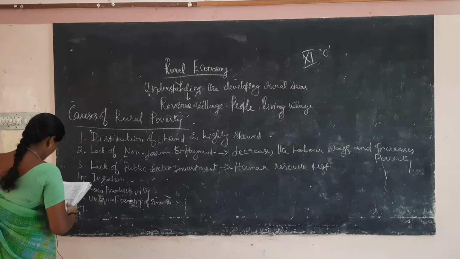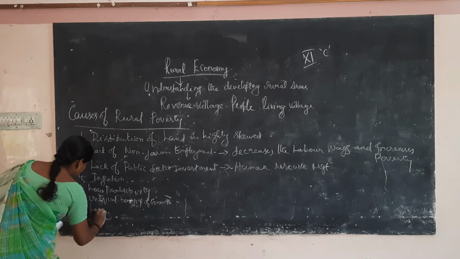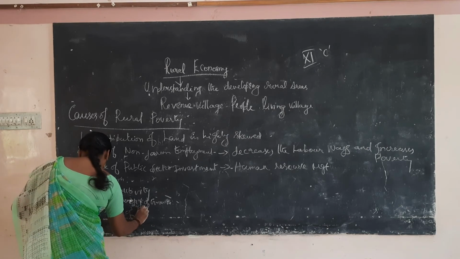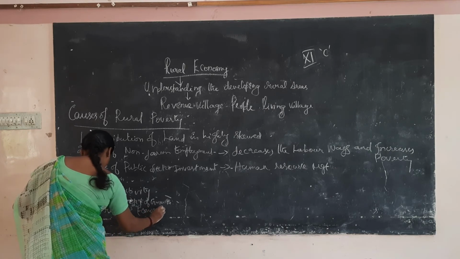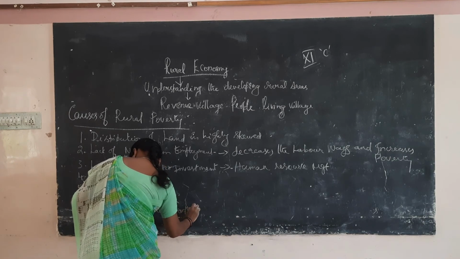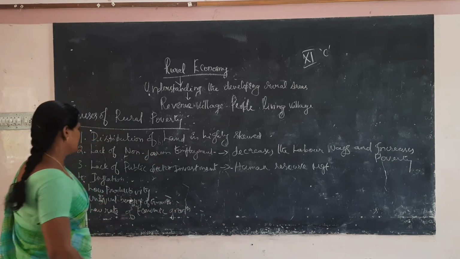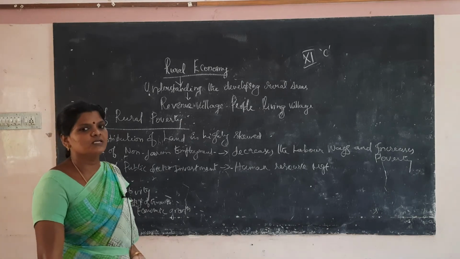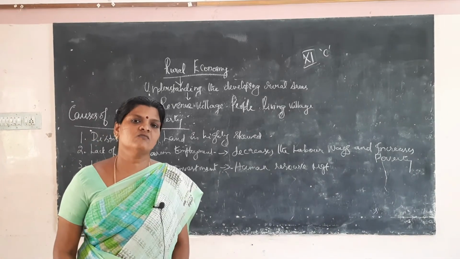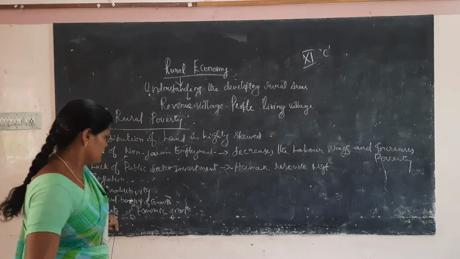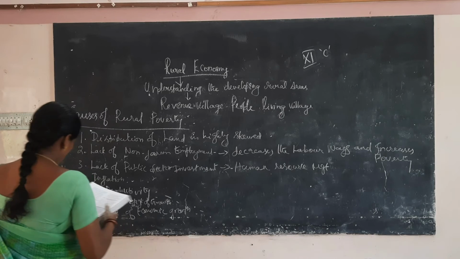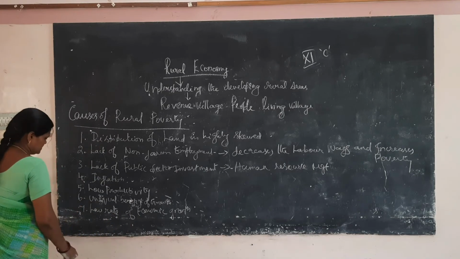Next one, low rate of economic growth. Here, low rate of economic growth means rich people are always buying the rich products, and their standard of living is also high as compared to the rural people or poor people. Next one, more emphasis on large industries.